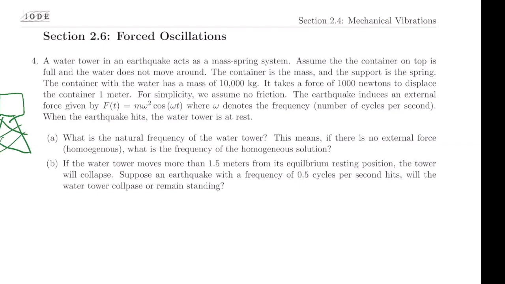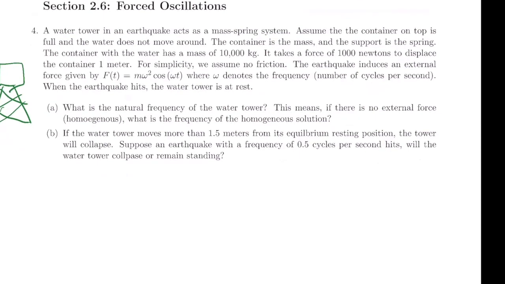And so we're given some information. So we're going to think about the water tower itself as just the big mass. And again, we're going to think about the support system as the spring that it's set up on top of. And we're going to ignore any friction here. And usually that's okay.